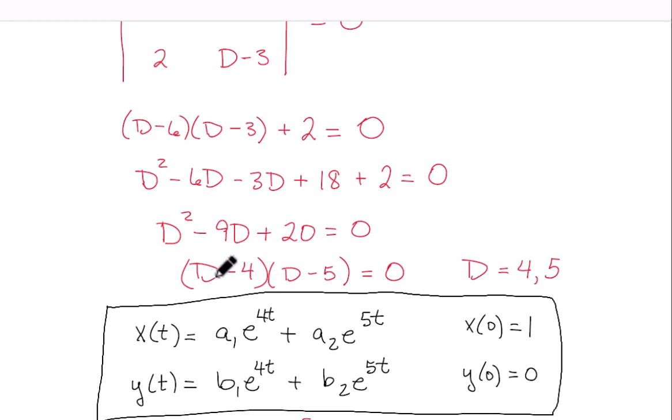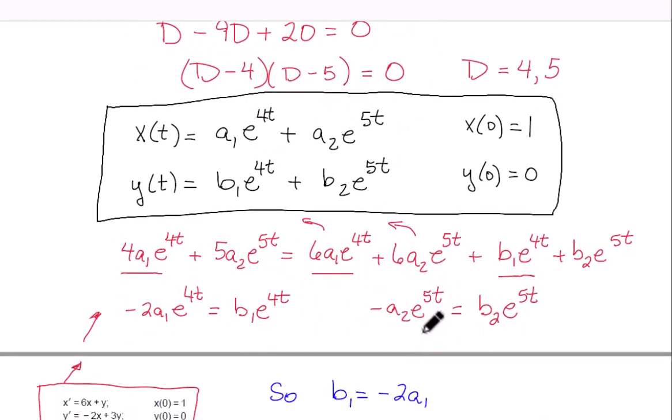And it does factor into 4 and 5. And so that tells me my roots are 4 and 5. So x of t would look like this. Y of t is going to have different coefficients, but we can actually work on this and see how it depends upon the coefficients for x.